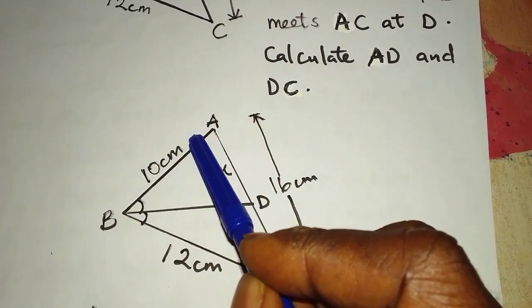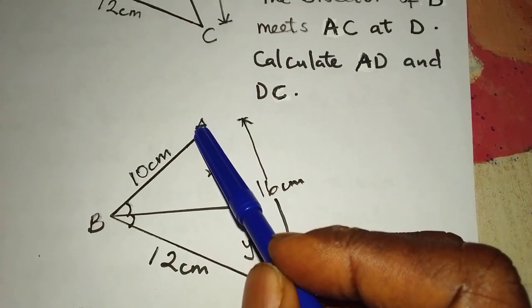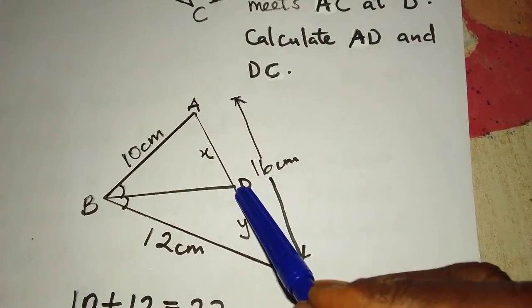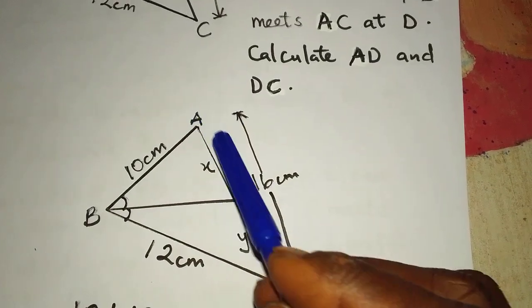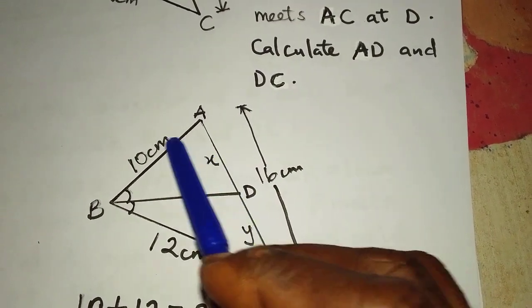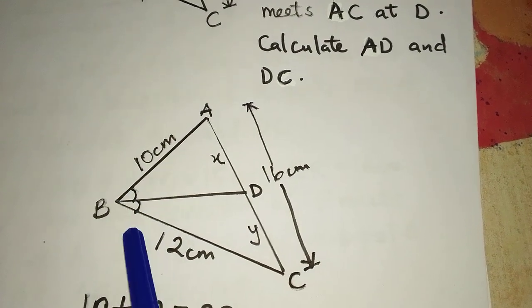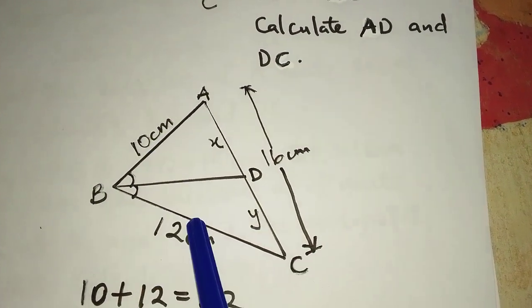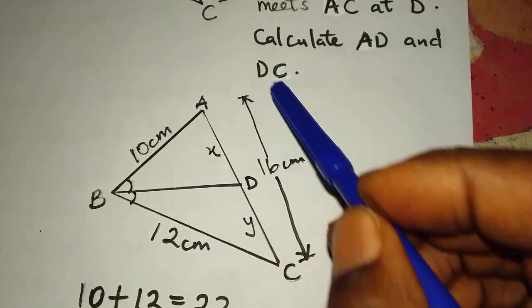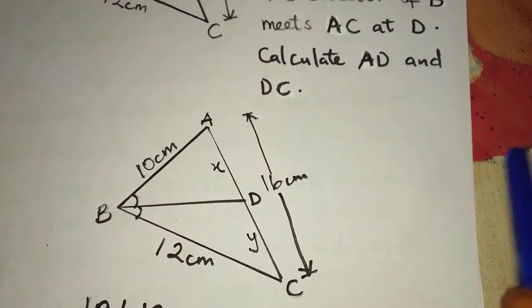So to now get this side, I'm going to use X to represent my AD and Y to represent DC. So to now get AD, the ratio representing AD is what? This 10 divided by the addition of the two sides, which is 22, times the length they are to divide.